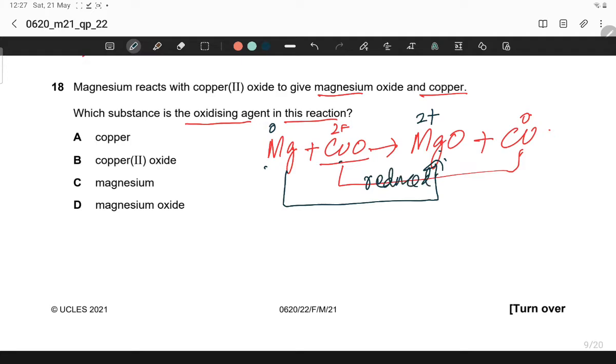If it is reduced, it acts as an oxidizing agent. And magnesium is oxidized, so it acts as a reducing agent.